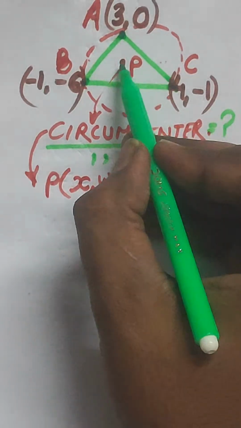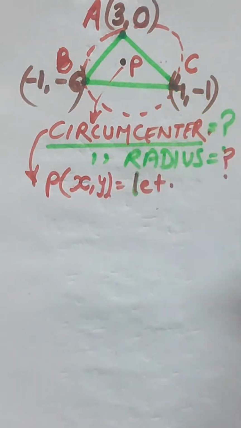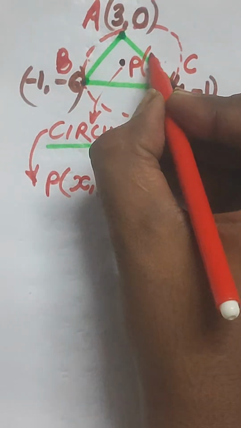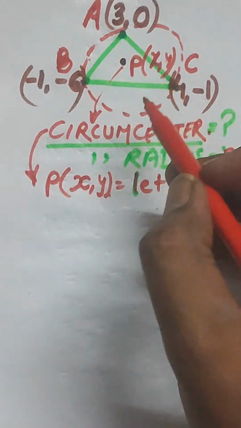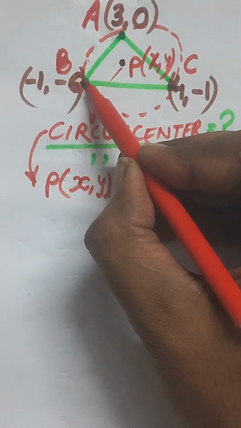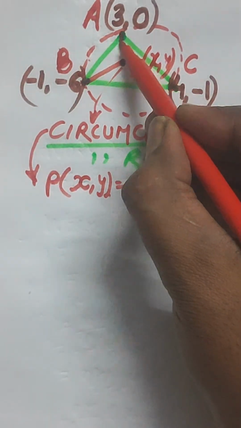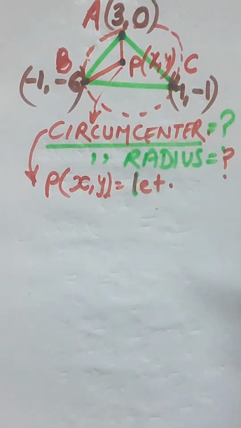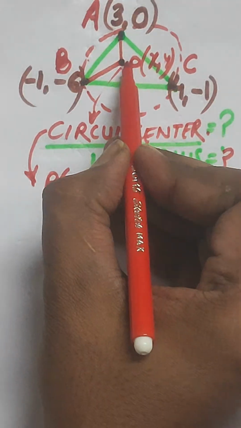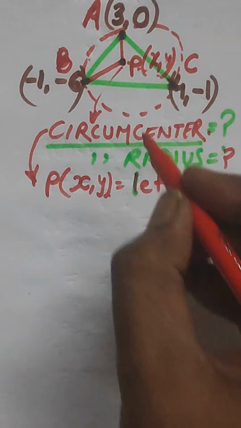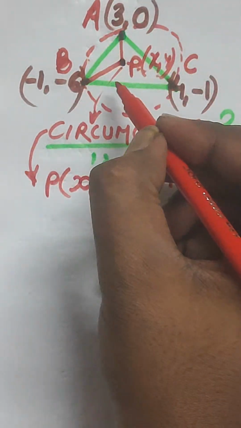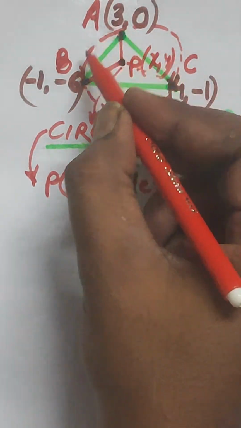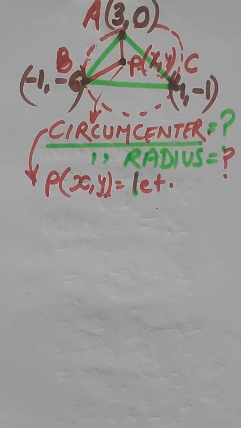Okay. So if this is the circumcenter with coordinates, let's say, x and y, as we have assumed, now you can see, as we discussed, that PA is equal to PB and this is equal to PC also. Why? Because a circle can pass through all these three points.